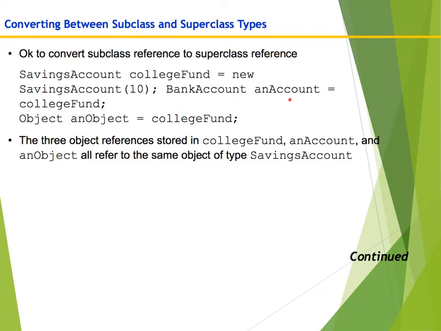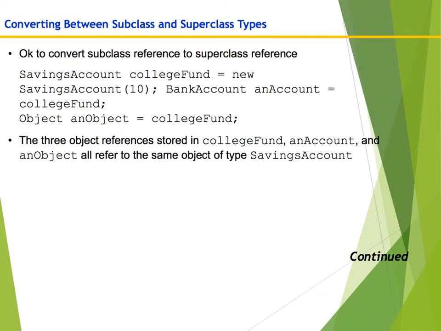So now this time an account refers to the same savings account. So as you see, an account has the type bank account, but since bank account is a superclass of savings account, it can refer to an object of savings account.